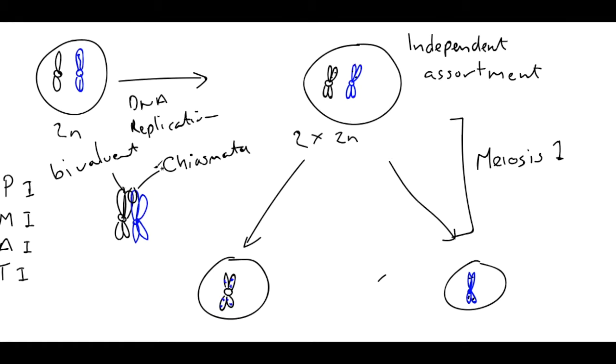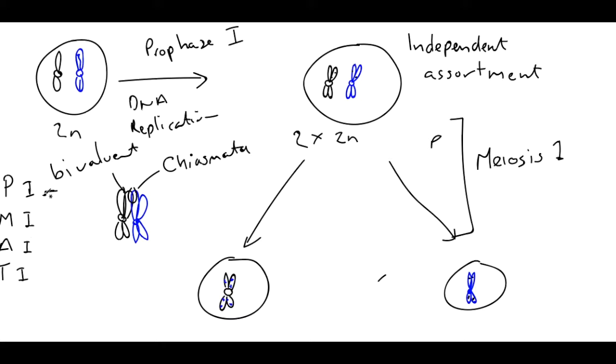And it's random. That happens in the bivalent, at the chiasmata, and it's called independent assortment. And it all takes place in prophase 1, just this first bit. So that's prophase 1 here.